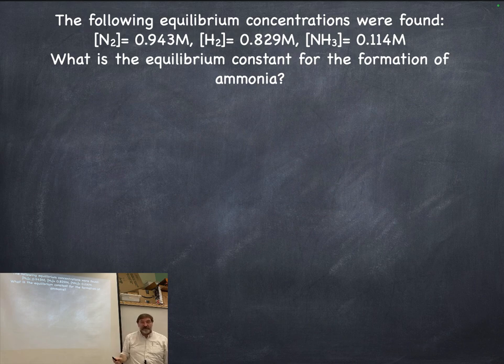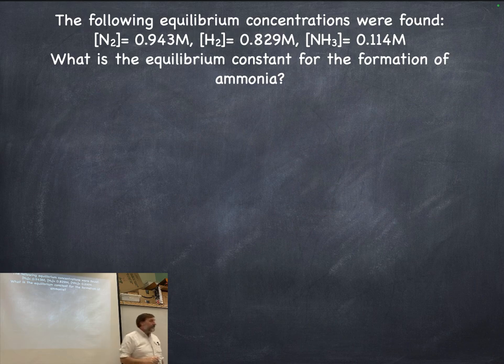It's printed on the lecture notes, but it is nitrogen gas plus 3 hydrogen gas to produce 2 ammonias. Step 2, write down the equilibrium expression. That's K equals concentrations in square brackets, that mathematical expression. And step 3, plug in these values and solve for K.